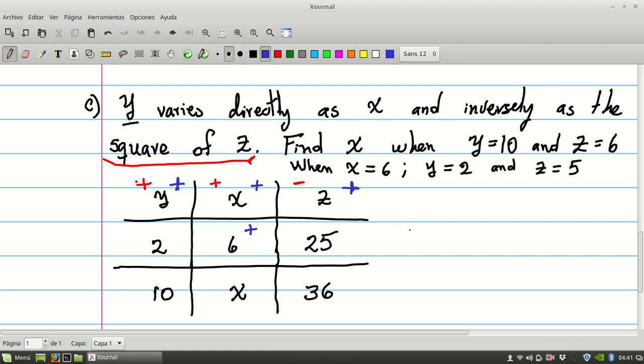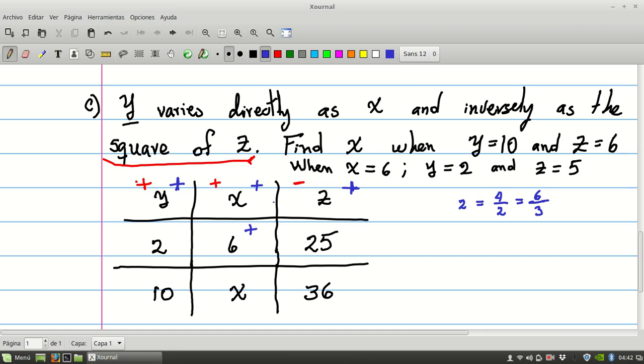Got it? For example, if y is 2 and x is 4 and z is 2, okay, if x increases to be 6, means that z should be 3 to have the same division, so z increases.